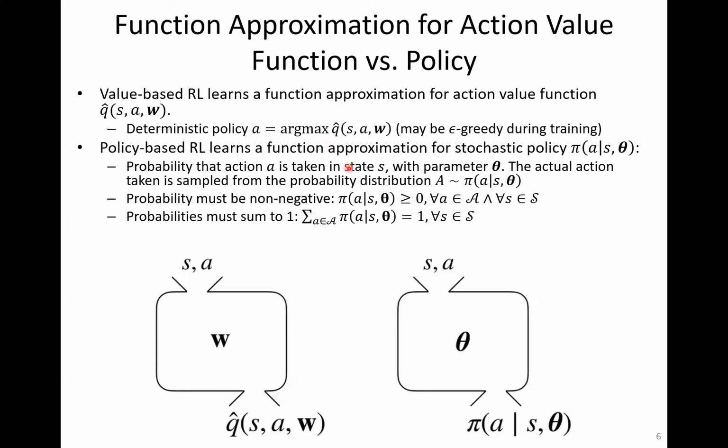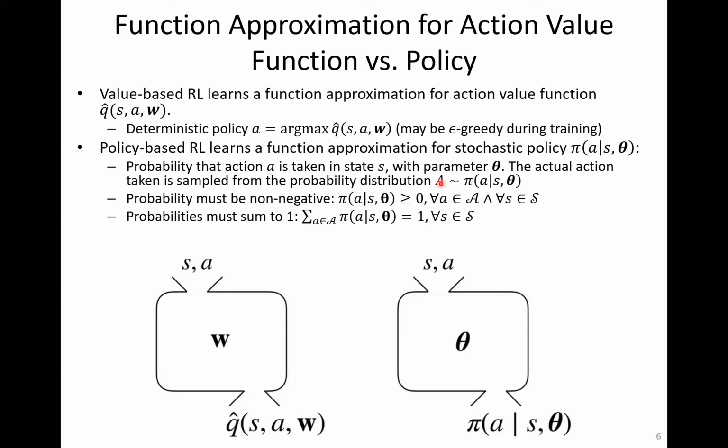For policy-based RL, it learns a function approximation for a stochastic policy, pi, which denotes a probability distribution. Pi of a given s and theta is the probability that action A is taken in state S, parameterized by theta. The actual action taken is sampled from the probability distribution.